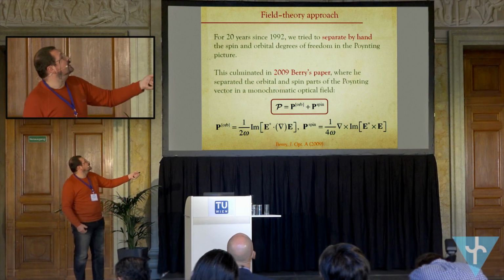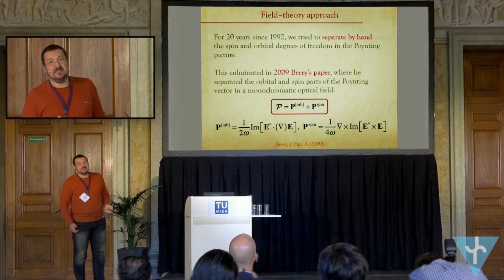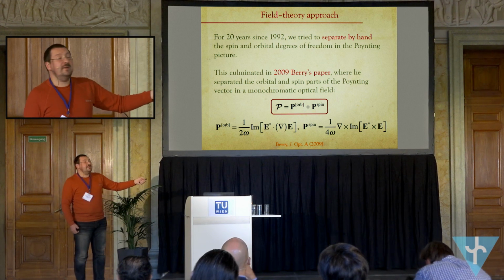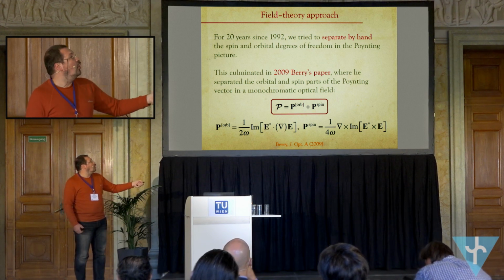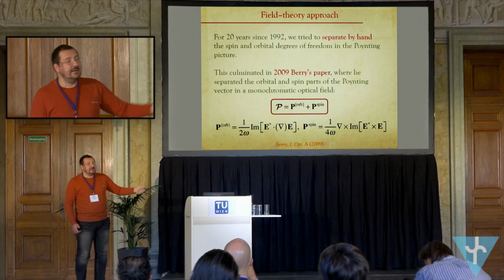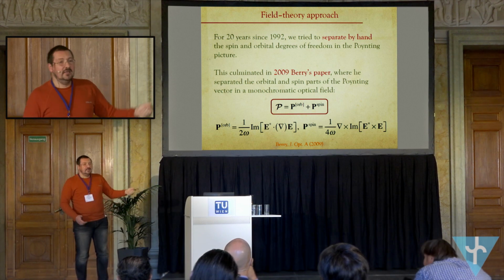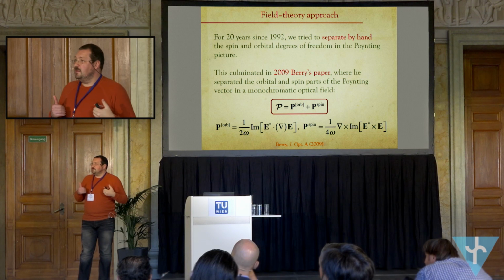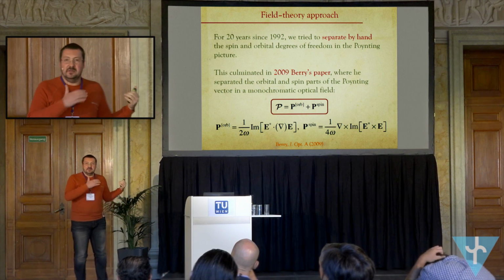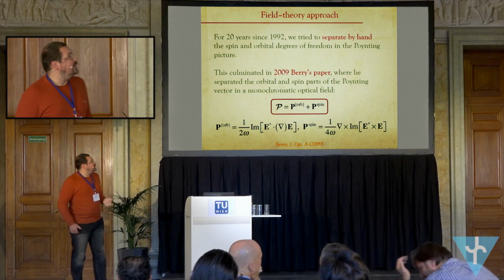And this culminated in 2009 in Michael Berry's paper, where he suggested separation of the Poynting vector into orbital and spin parts, like in this equation. So in fact, he did the opposite to Belinfante symmetrization in the beginning of field theory.